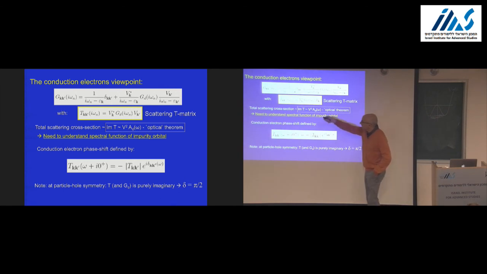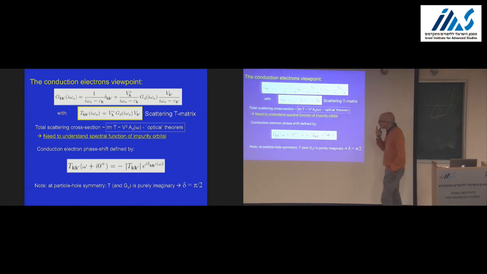You will find that G_kk', observe that this is no longer a translationally invariant problem because we have an impurity, is the bare electron Green's function plus the bare electron Green's function multiplied by V_k, the same for V_k', for k', times this. So this is saying that the T matrix for the conduction electrons is exactly proportional to the single dot Green's function of the impurity site multiplied by the square of the hybridization.